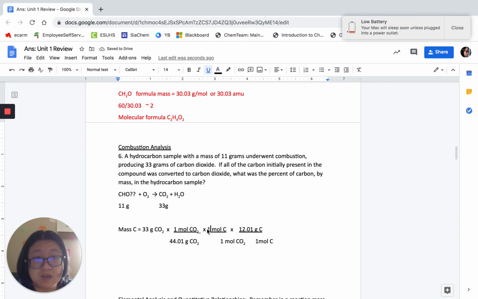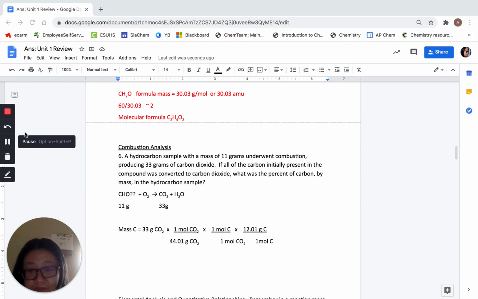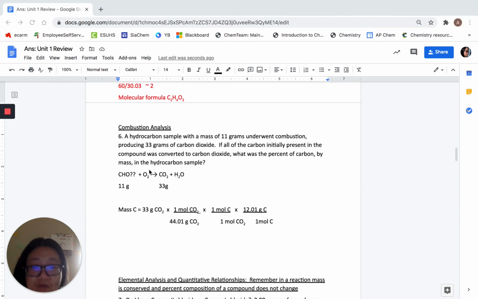Okay, just shifting a little bit. Hold on a second. Okay, let's continue. So pretty much that's what the question was saying. The question said percent of carbon in a hydrocarbon. So first, let me figure out the number: 12.01.